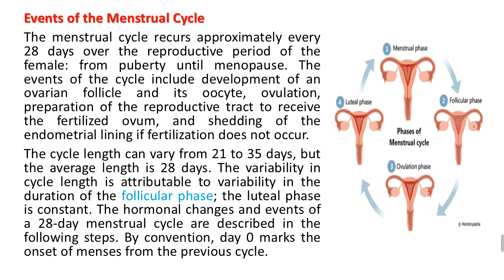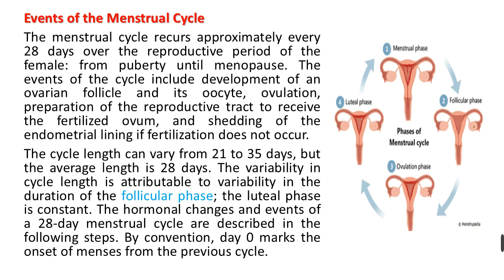The events of the cycle include development of an ovarian follicle and its oocyte, ovulation, preparation of the reproductive tract to receive the fertilized ovum, and finally, shedding of the endometrial lining if fertilization does not occur.